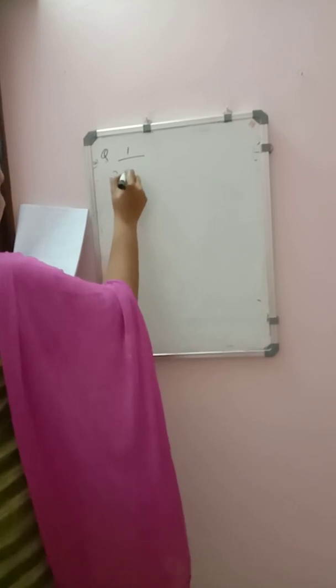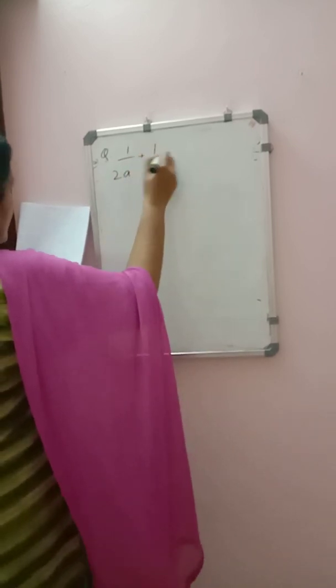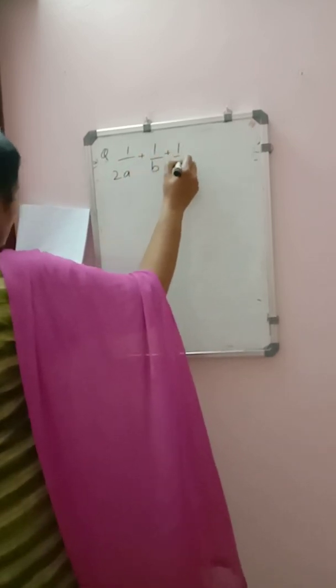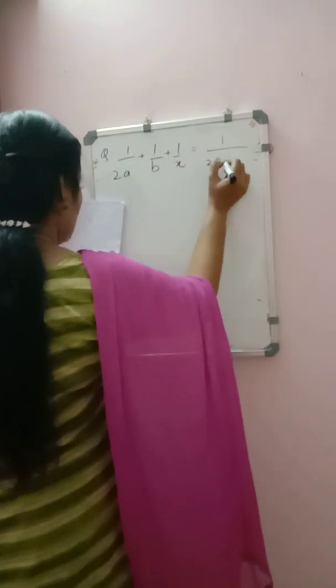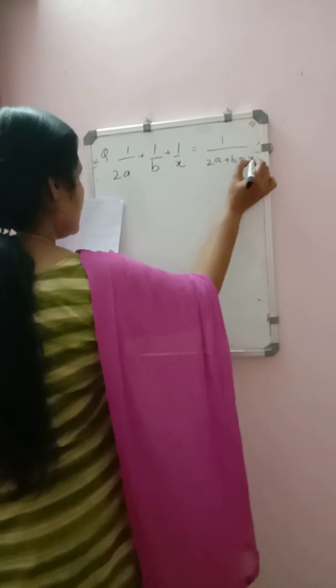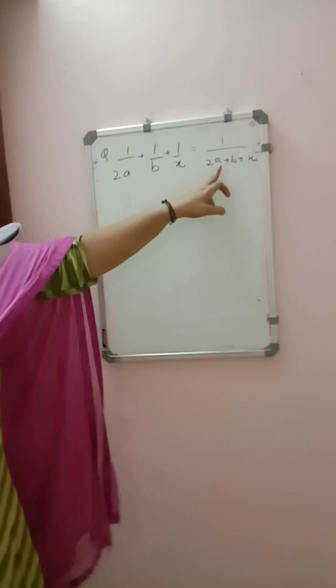1 by 2a plus 1 by b plus 1 by x equal to 1 by 2a plus b plus x. Again condition x not equal to minus 2a minus b.